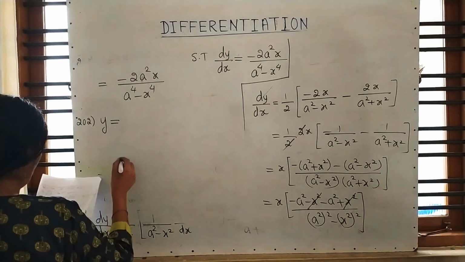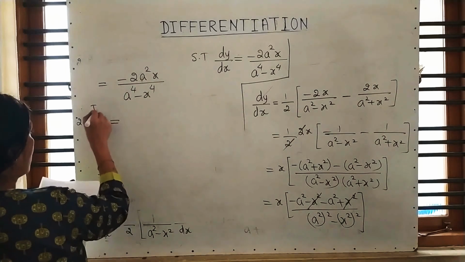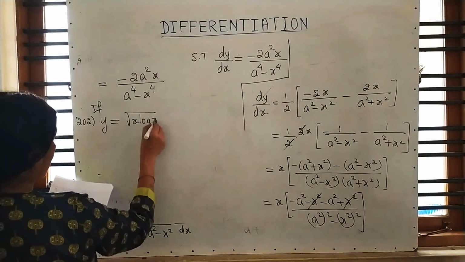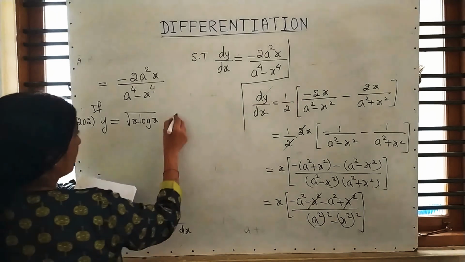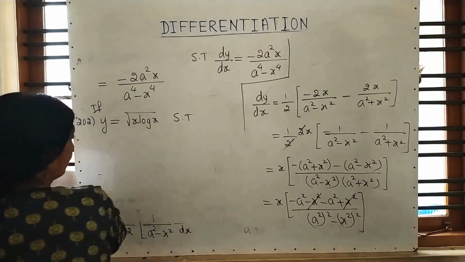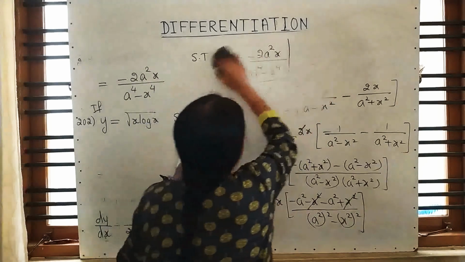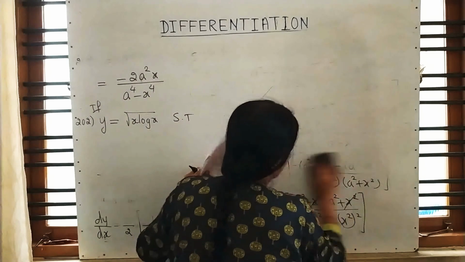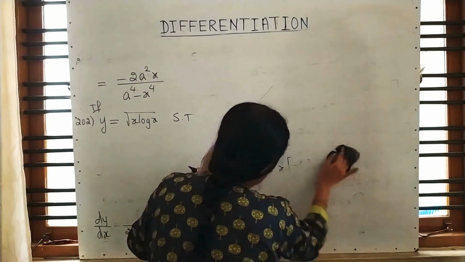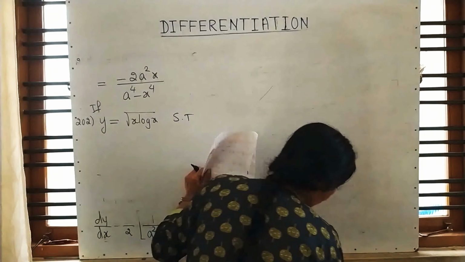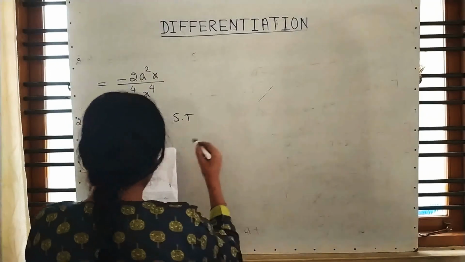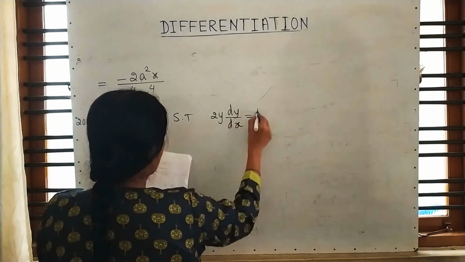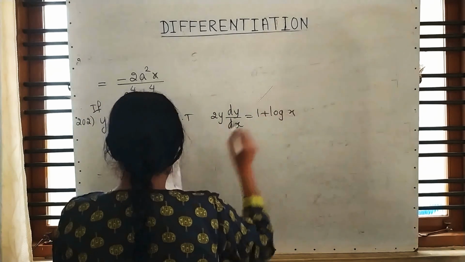Question number 202. y is equal to root of x log x to the base e, show that y into dy upon dx is equal to 1 plus log x.